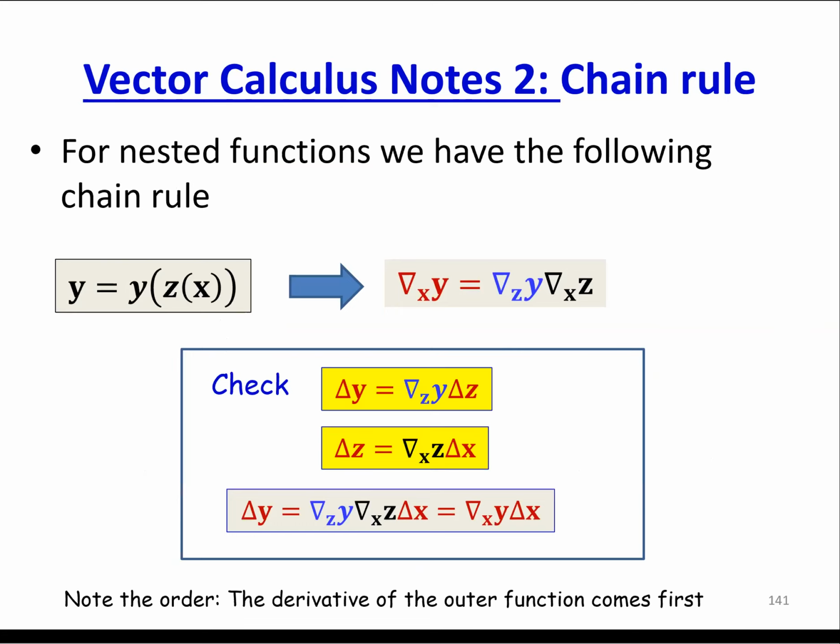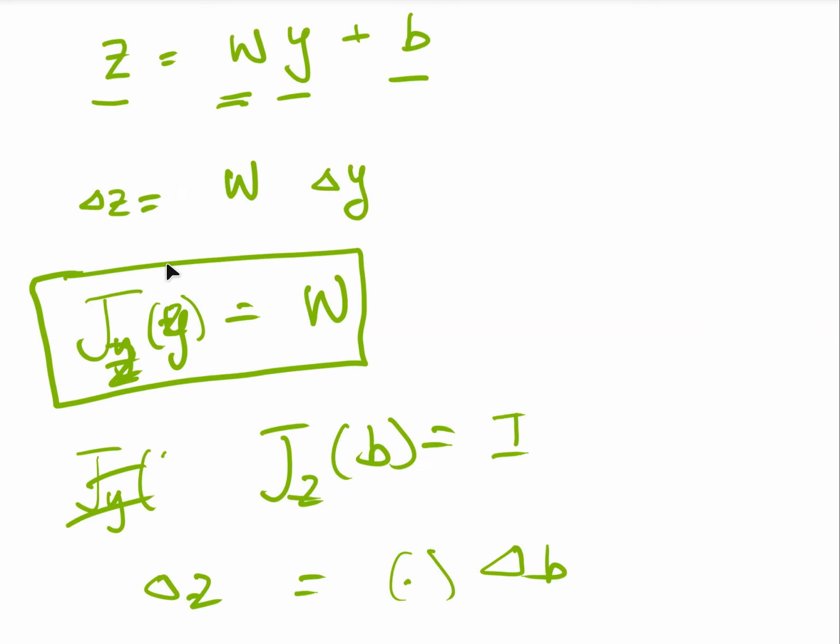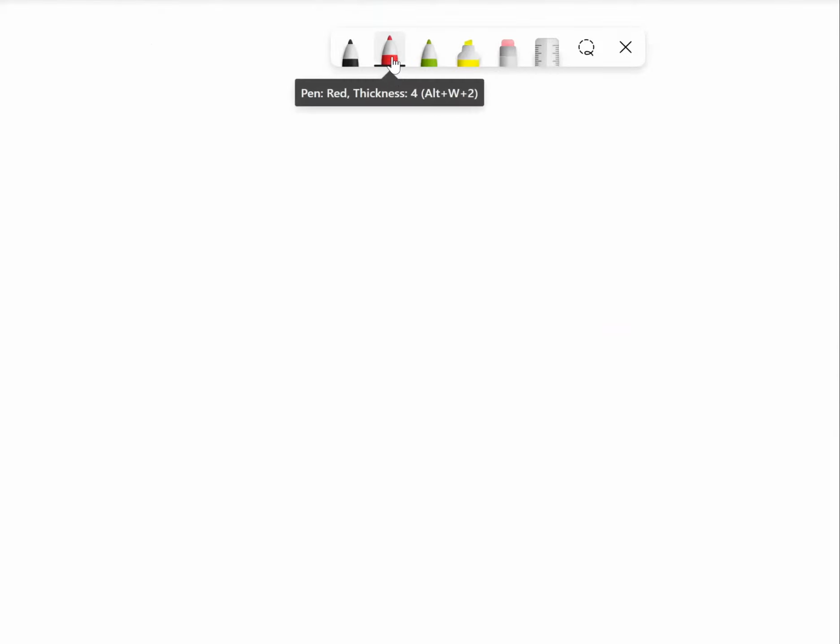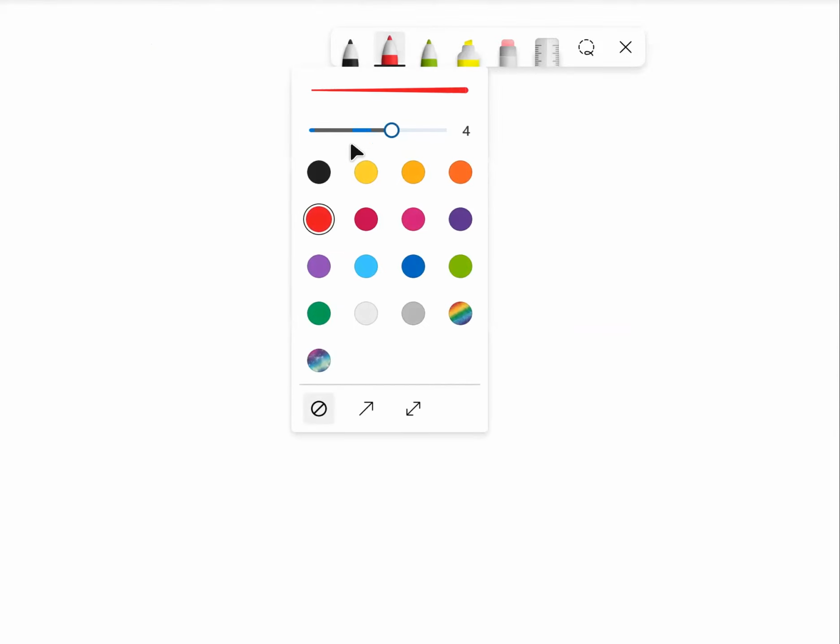Now, remember how we drew influence diagrams. Those influence diagrams also hold for the case of vectors.